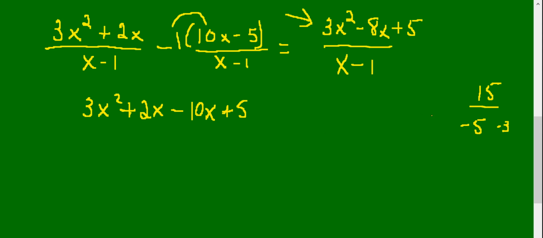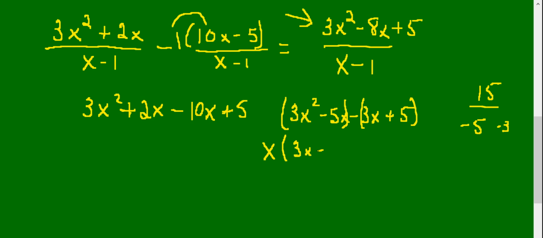So with that, I'm going to rewrite this binomial. I've got 3x squared minus 5x minus 3x plus 5. Got my 4-term polynomial that I group into two binomials, and factor this. Actually, I could have done it almost back here. So here what's going to come out is, I'm going to take out an x, and what's left is 3x minus 5.